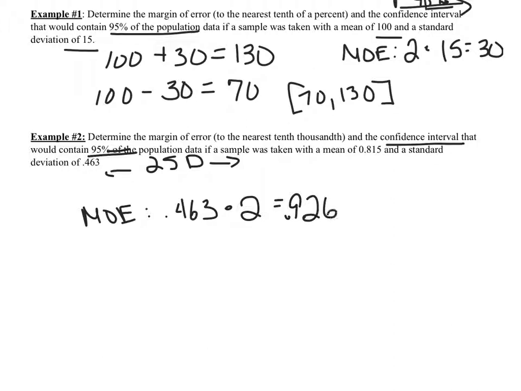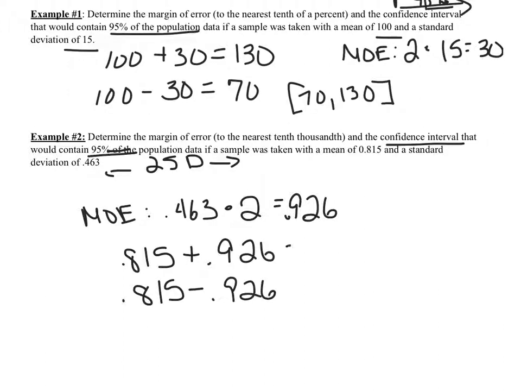And that I get 0.926. And then my mean is 0.815, and I just add 0.926, and I subtract 0.926. That's it. So this one would be 1.741 and negative 0.111.